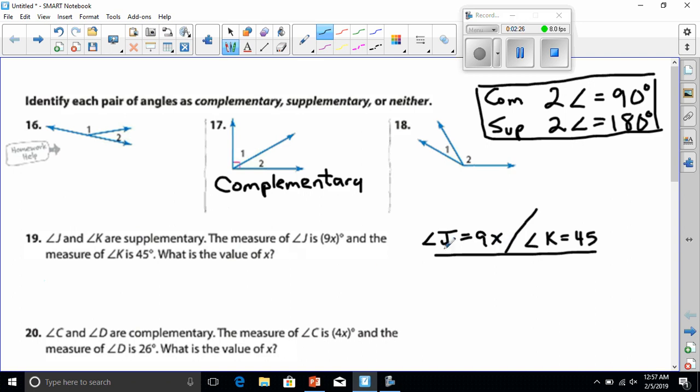What is the value of x? Well, since we're talking about a supplementary angle, we know that these two angles have to equal 180. So we can write out the equation 9x plus 45 degrees has to equal 180.